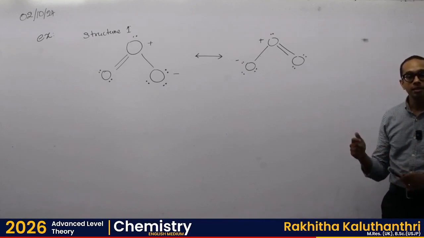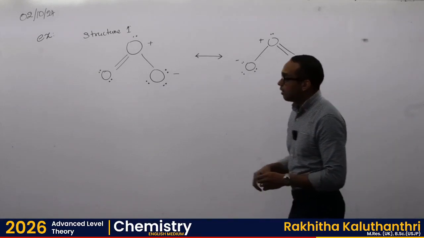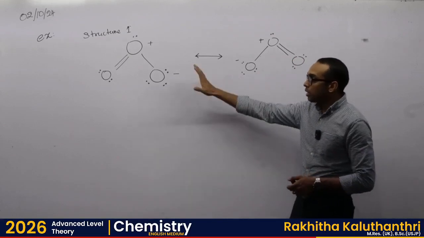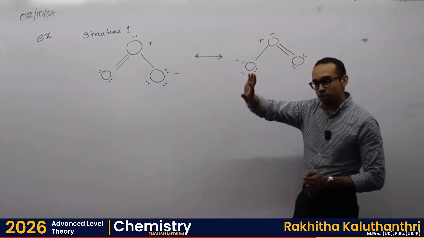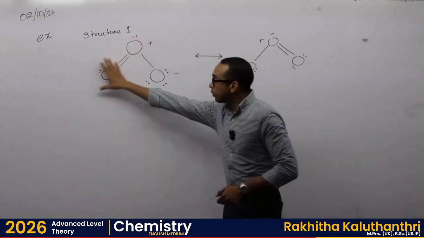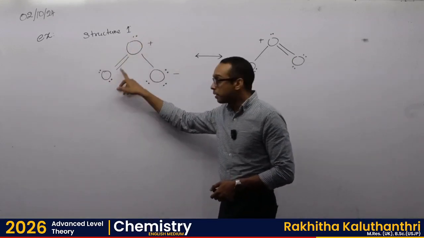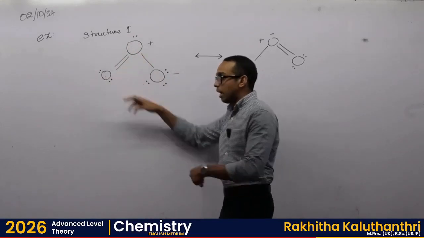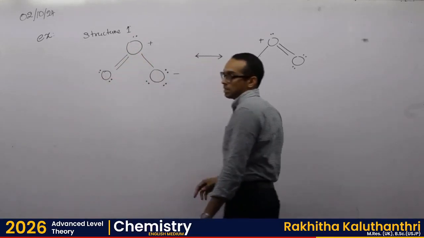Are we done? Right. So here we have already learnt about drawing Lewis structures. Now if I ask you to draw the Lewis structure of ozone, couple of you will draw it like this, with a double bond between the oxygen in the center and the oxygen on the left hand side.